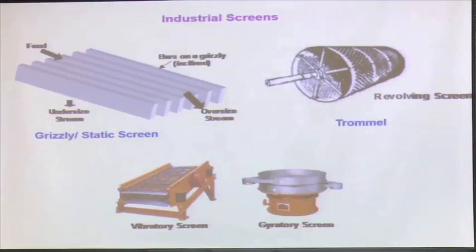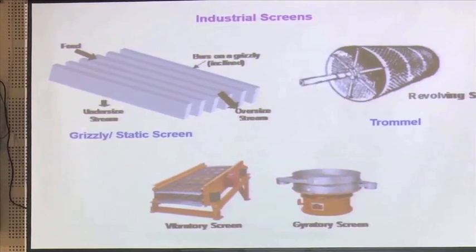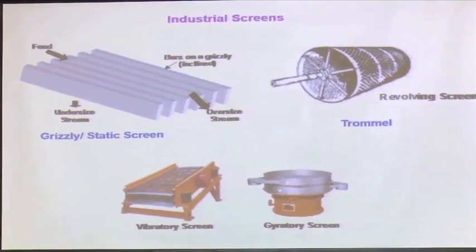Okay. Now, what will I do? I will put a screen of 10 millimeter aperture, and then I will take out the particles from the system which are already finer than 10 millimeter. Are you getting my point? Then whatever is in between, that is within 10 to 100 millimeter, I will have on top of that screen. They will not be able to pass through the screen.